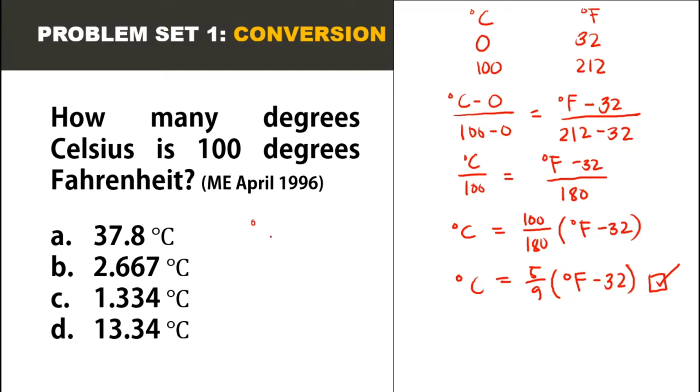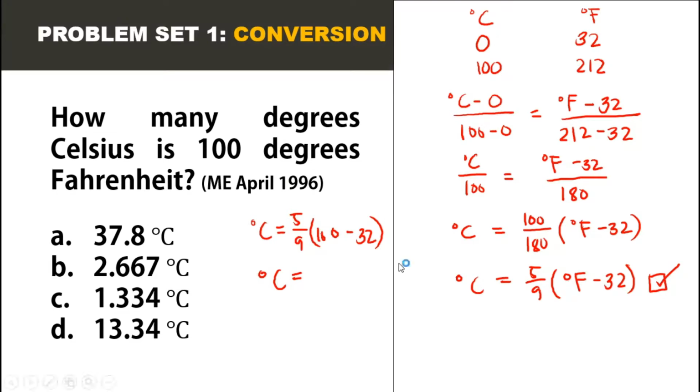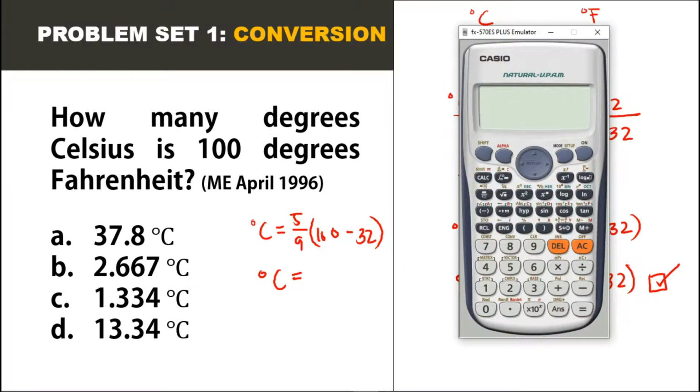We have degrees Celsius equal to 5/9 times the quantity of degrees Fahrenheit, the given, which is 100, minus 32. You can use your calculator. I am using a Casio 570 ES Plus.